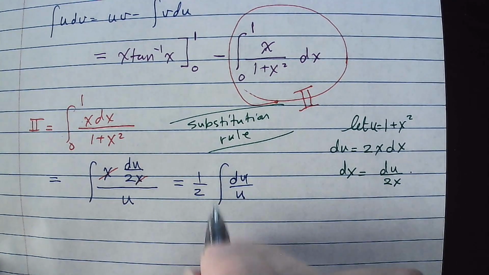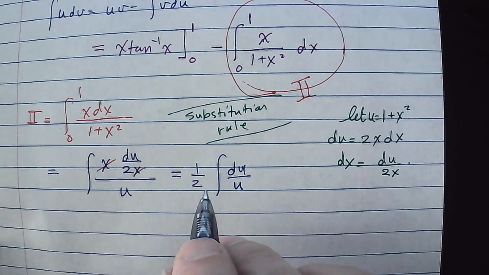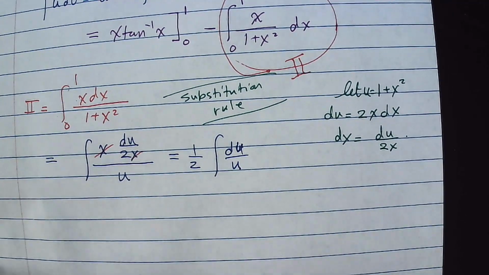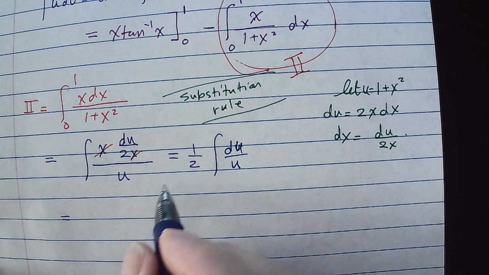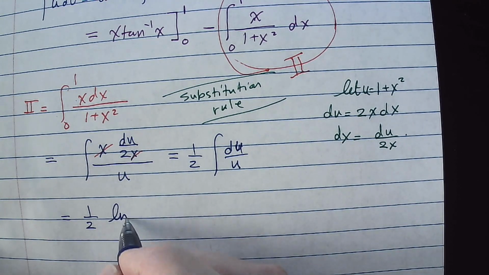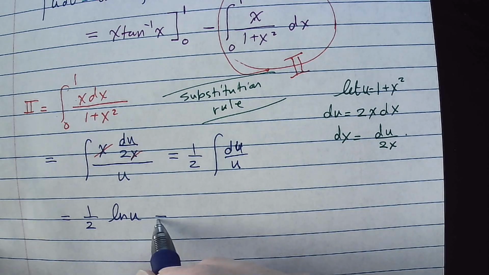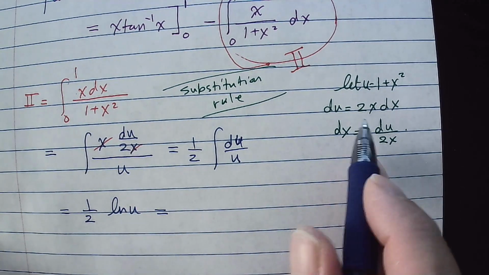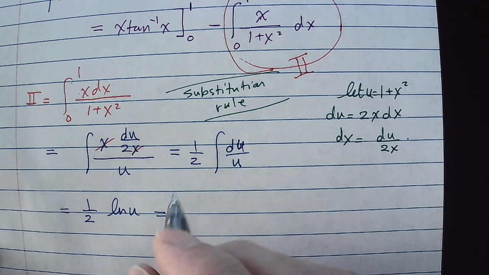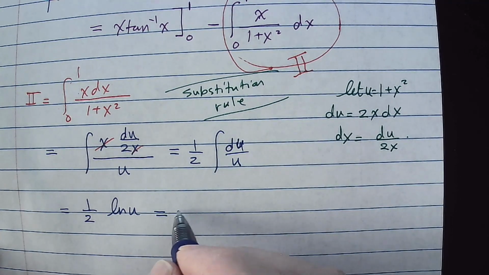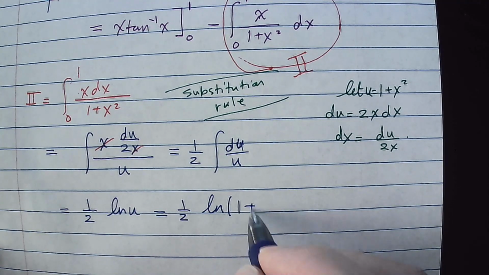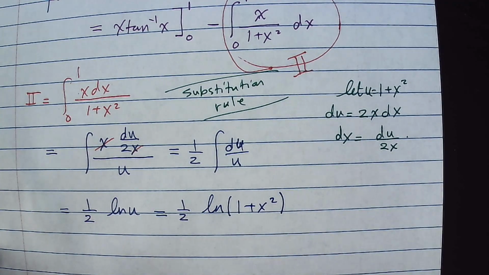You may now transform the bounds and apply them here, or choose to keep them to the end. I'm keeping them to the end. Therefore, this is 1/2. The integral of du over u is ln u. And then I can bring this back immediately to the x form. So it becomes 1/2 ln 1 plus x squared.